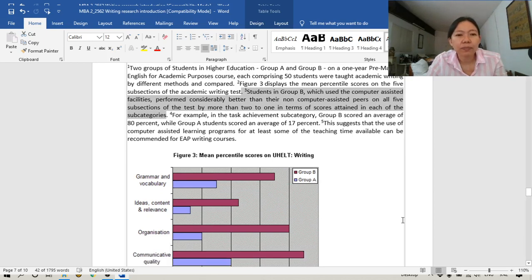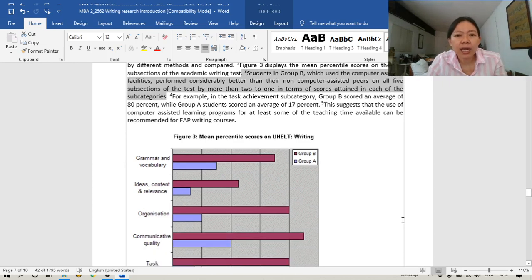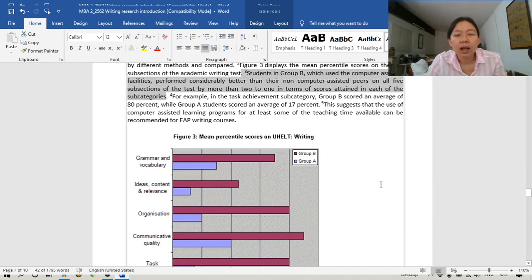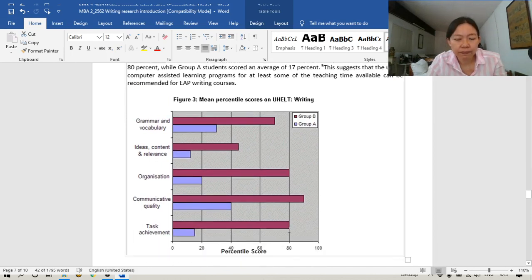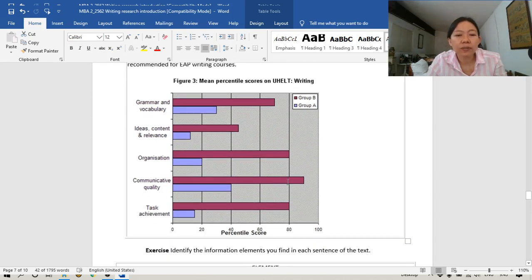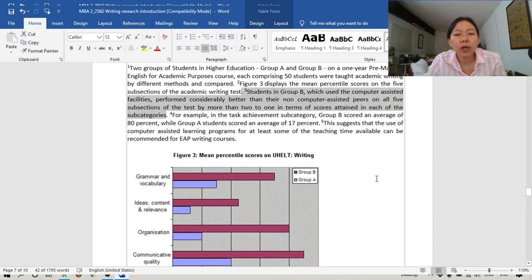And next, for example, in the task achievement subcategory, Group B scored an average of 80%, while Group A students scored an average of 17%. So here we're still talking about the most important finding of the research study.